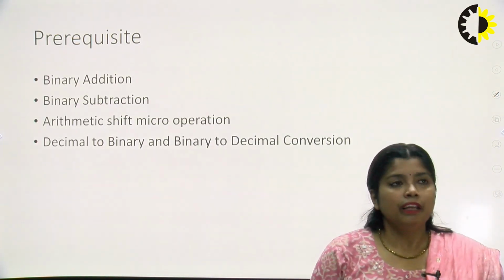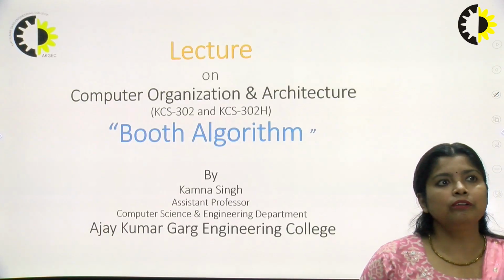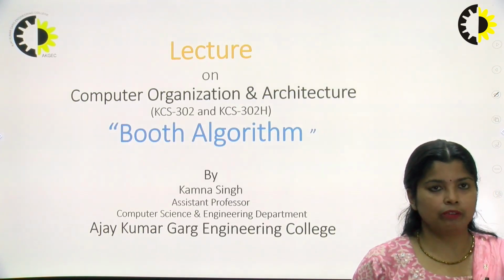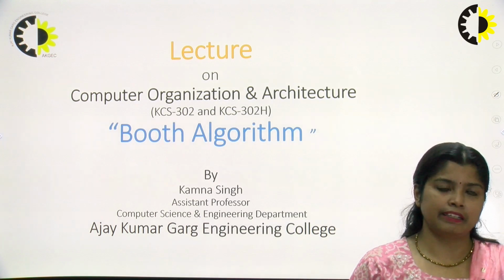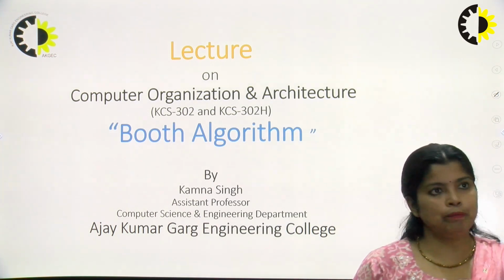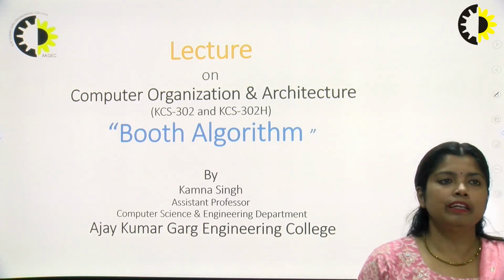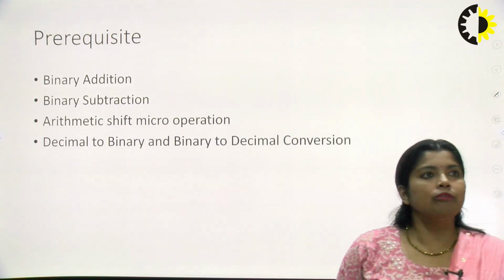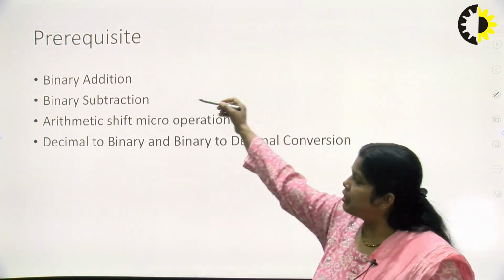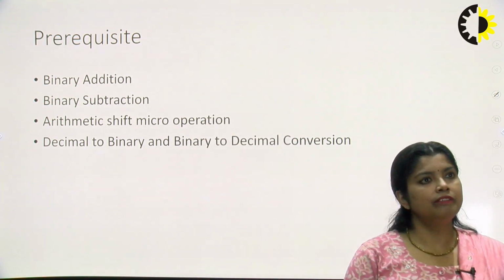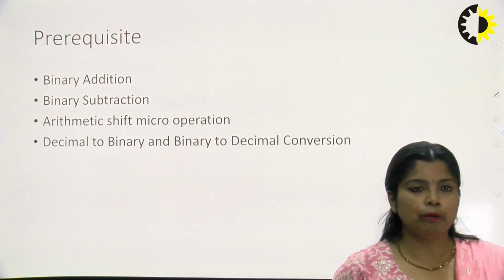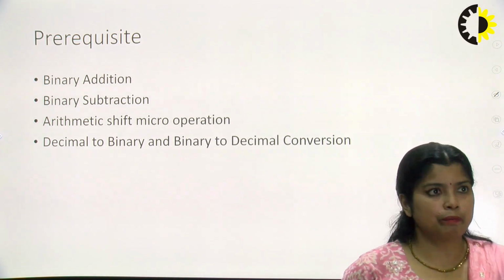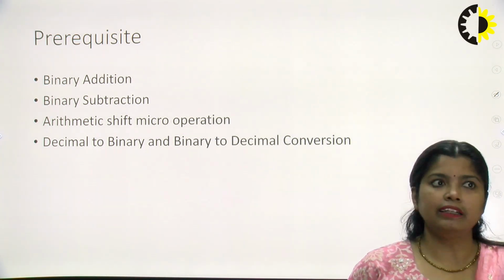Now, the Booth algorithm is the multiplication algorithm for signed and unsigned numbers. Signed and unsigned means positive or negative numbers; we can apply the Booth algorithm and get the product. First, we need to know about binary addition and subtraction, arithmetic shift, and decimal to binary.